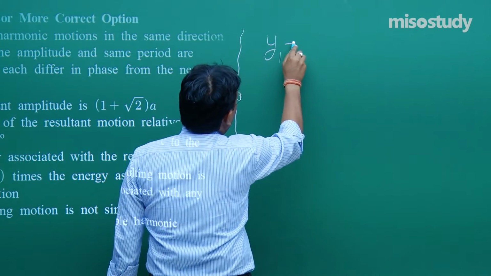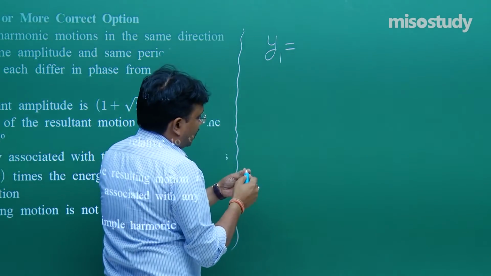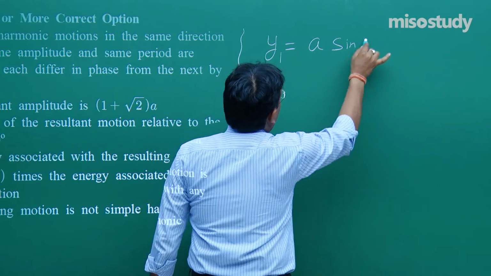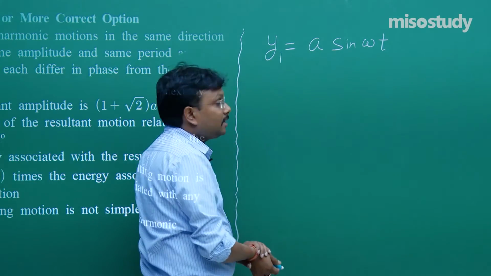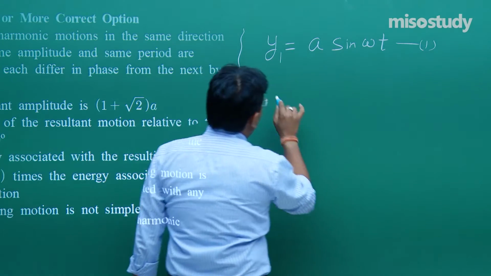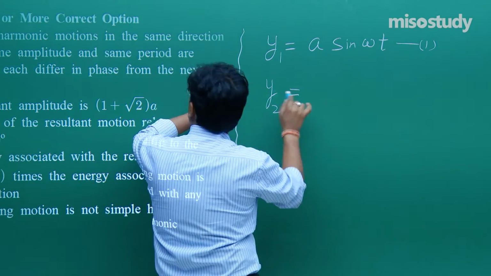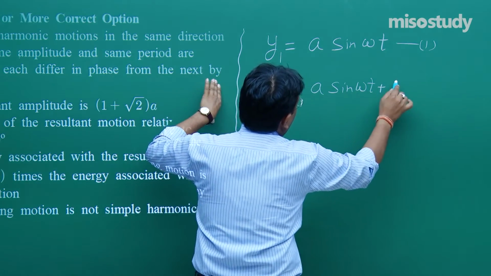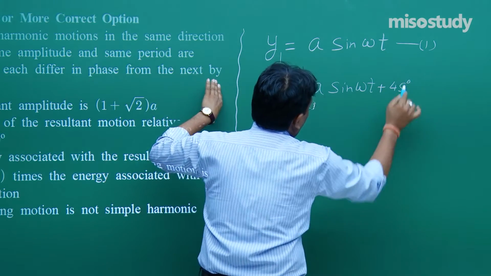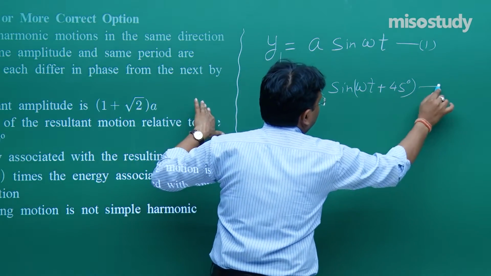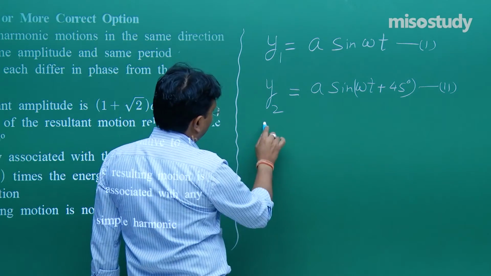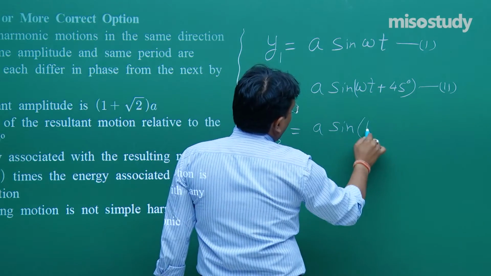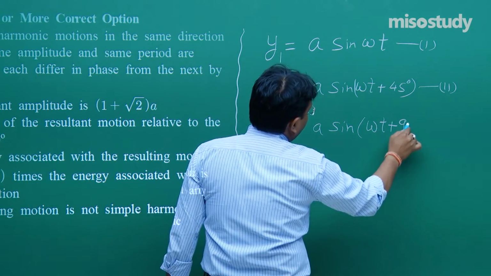So let's say y1 is equal to a sin omega t. y2 is equal to a sin omega t plus 45, pi by 4 or 45. y3 is equal to a sin omega t plus 90.